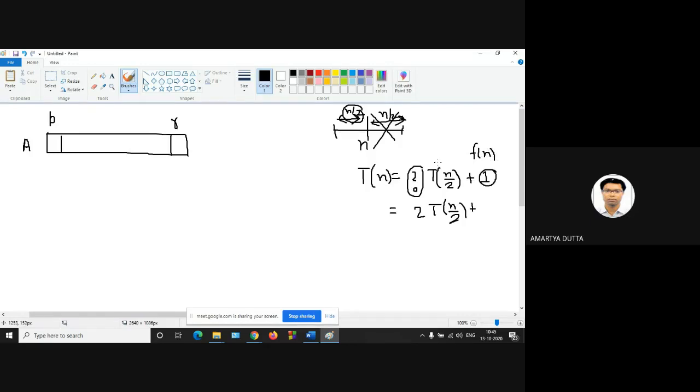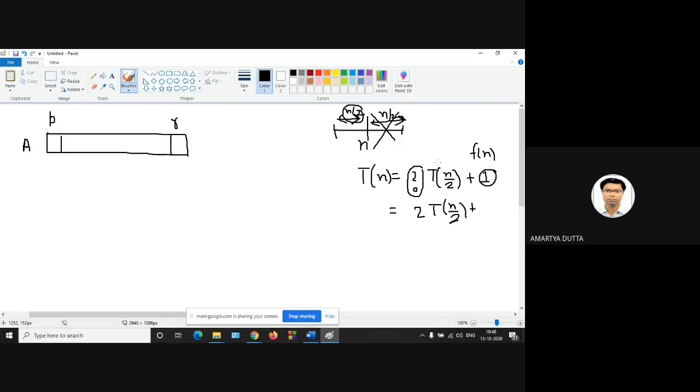This total function is used for division, dividing your whole problem into subproblems. And finally, you have to merge the whole subproblem solutions. So actually, this total function is used for division and merging your solution.